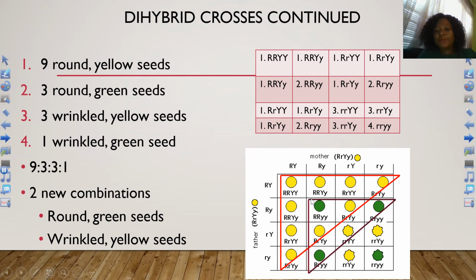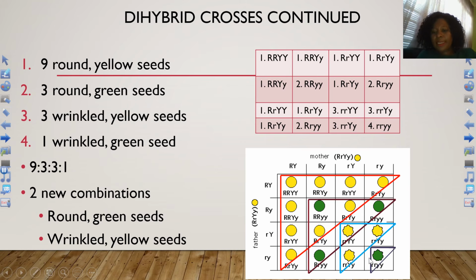Then we have this brown one here. The brown one encircles the ones that have round and green seeds. How many round and green seeds do we see here? It's 1, 2, 3. Then we have one that encircles the wrinkled and yellow seeds. How many? We have 3.